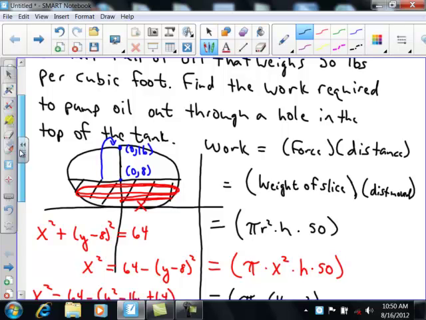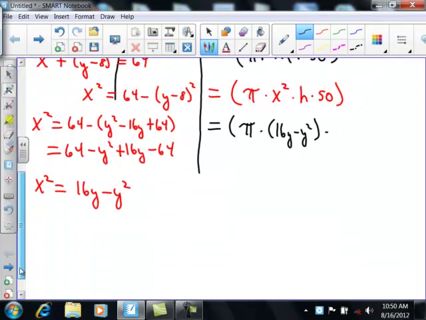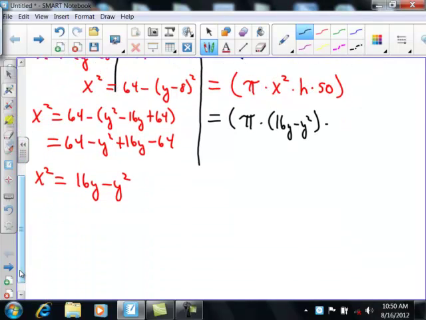Now they're horizontal, so they're going to be stacked one on top of each other. So the height of this little disc that I take is just how thick or thin of a slice I take, which is just going to be my change in y, or delta y. So 16y minus y squared is my radius squared times my height, which I'm calling delta y, times 50. And all that I'm going to multiply by my distance.